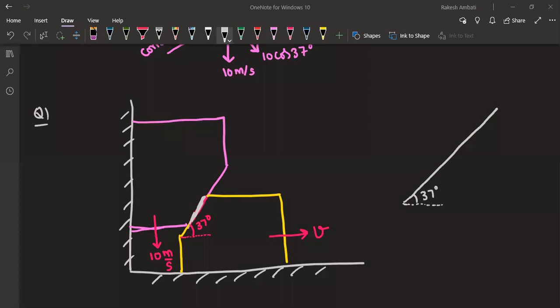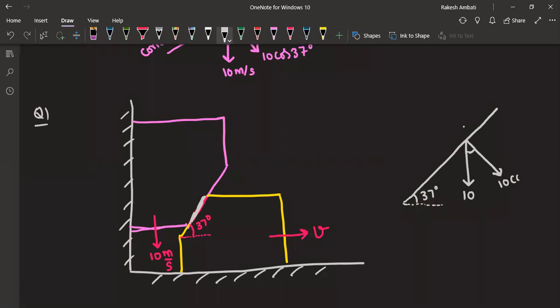And in the question, the velocity is 10 meter per second exactly vertically downwards. I told you already, if this is equal to 37 degrees, now this angle is also equal to 37 degrees. Now this 10 meter per second resolves into components.